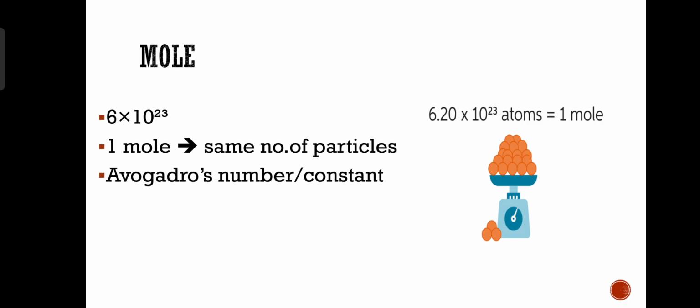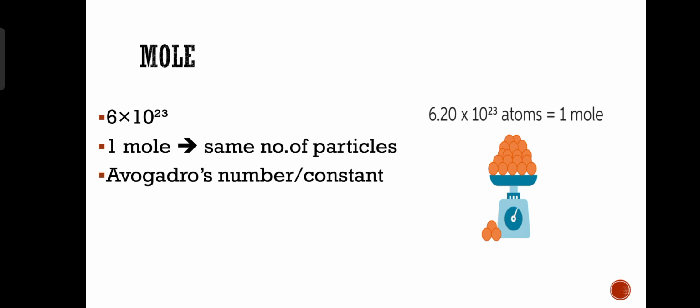So as you cannot count the number of particles, by the term particles we mean the ions, the atoms, the molecules that are present in a compound. Because particles are so small and numerous that it is impossible to count them.